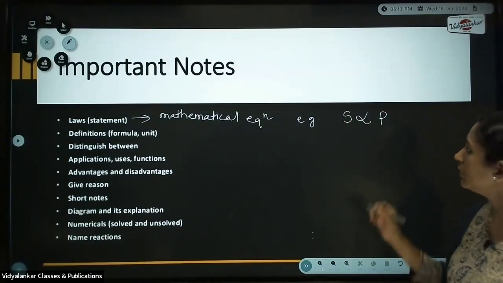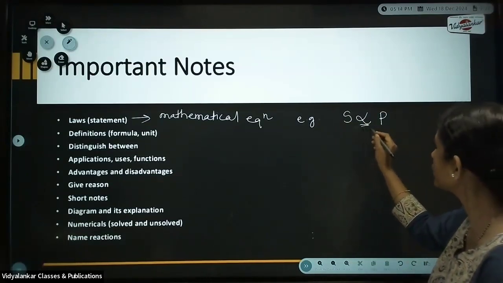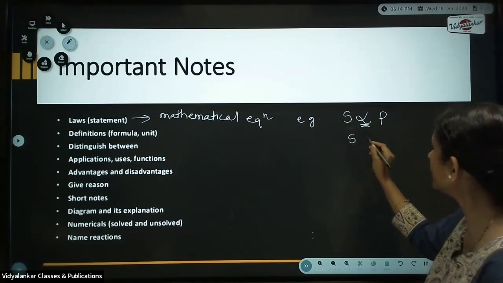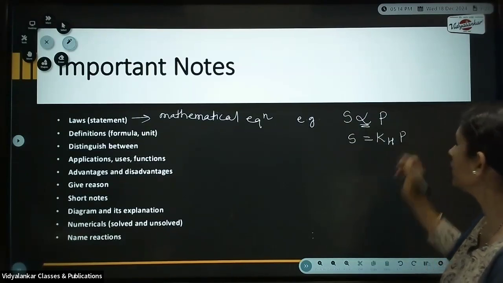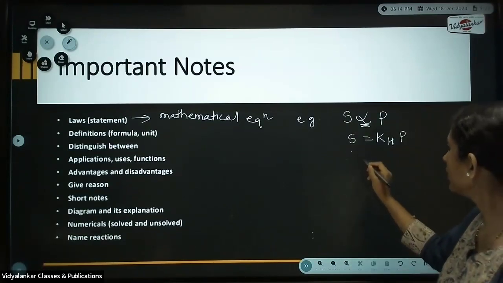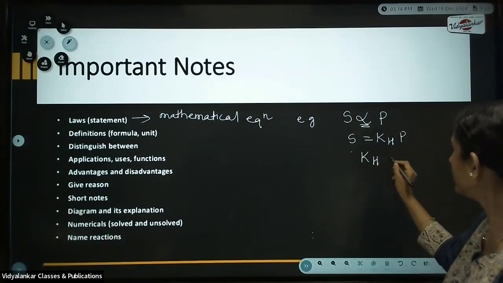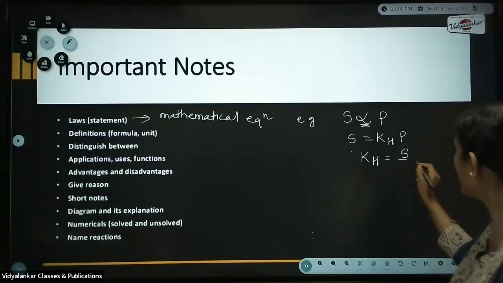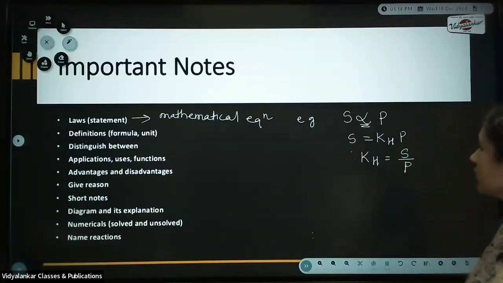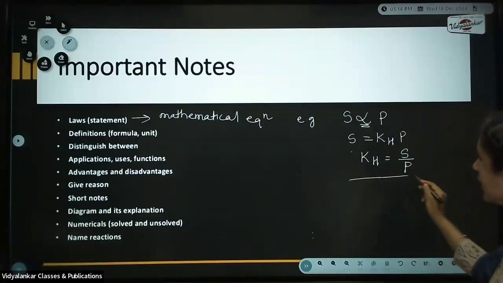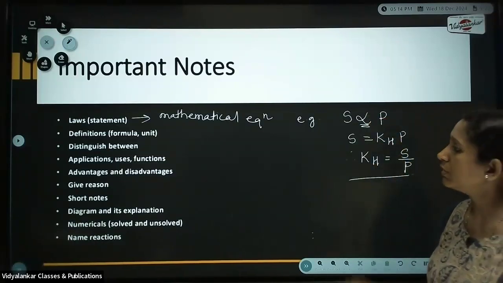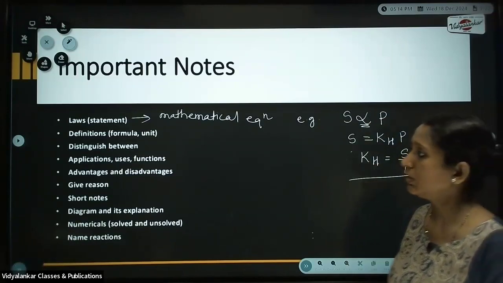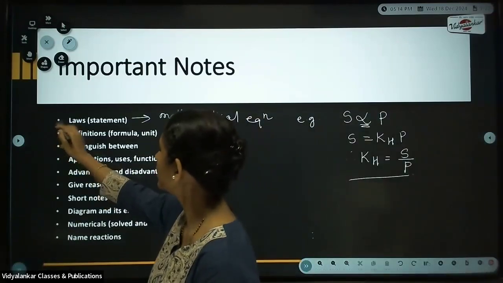When we remove the proportionality sign, it becomes S is equal to KH into P, where KH is Henry's constant, for which we write the equation KH is equal to S upon P. So with the statement, this mathematical equation is very important to write.